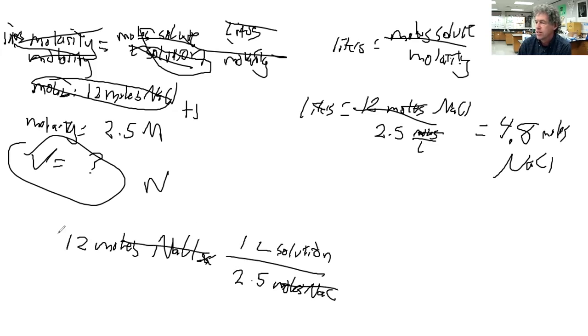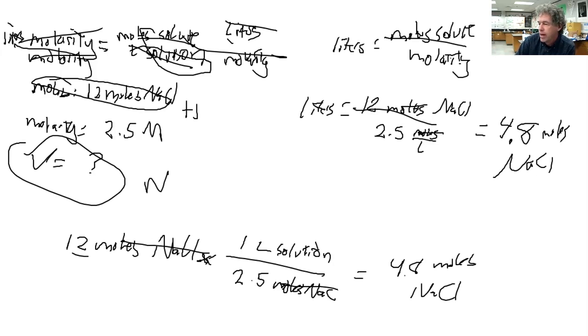Moles in NaCl cancels, and again, 12 divided by 2.5 equals 4.8 liters. Okay, so that was the first problem.